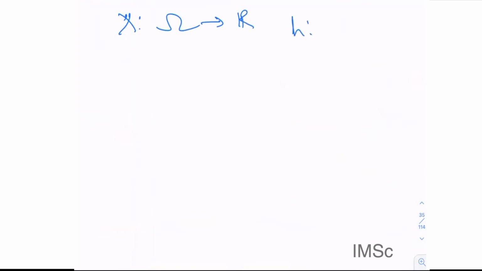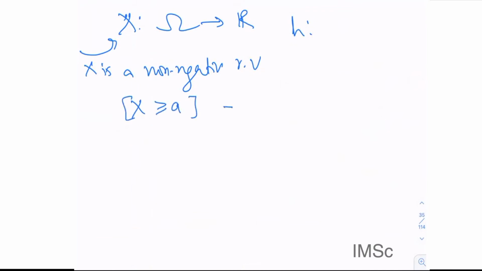And suppose X is a non-negative random variable. So what can I say? I can say, look, X is a non-negative random variable. Can I say X is greater than or equal to a if and only if X square is greater than or equal to a square? Is that fine?